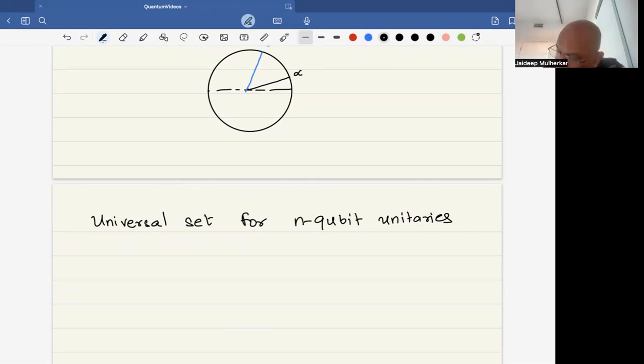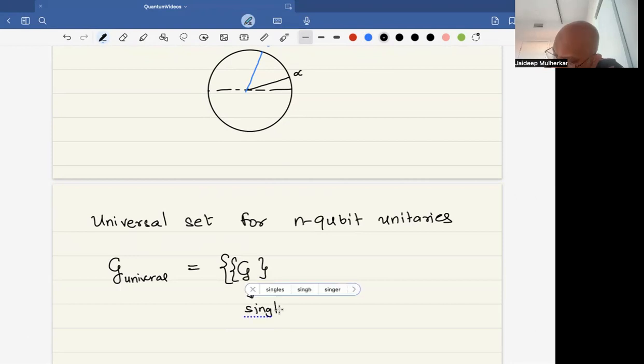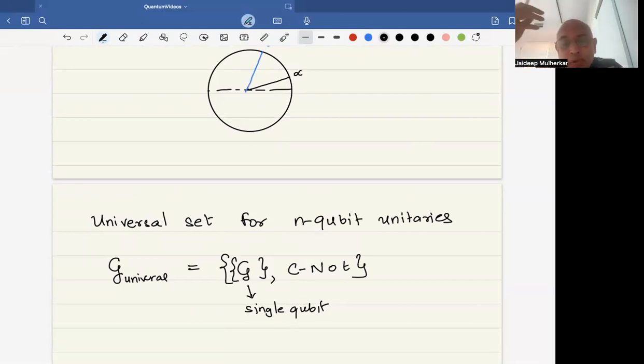It turns out that if I have the following gate set, the set G, which is the universal set for single qubit gates, and an entangling gate such as the CNOT gate, these sets of gates are universal for n qubit unitaries, which means I can generate any n qubit unitary using gates from this set.